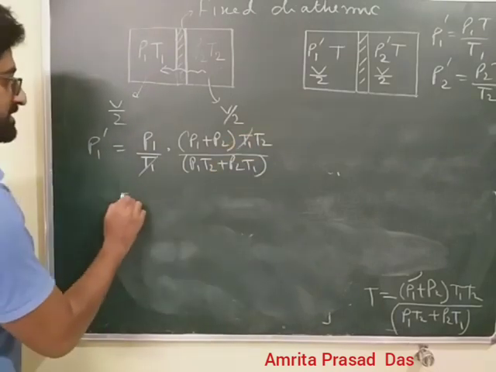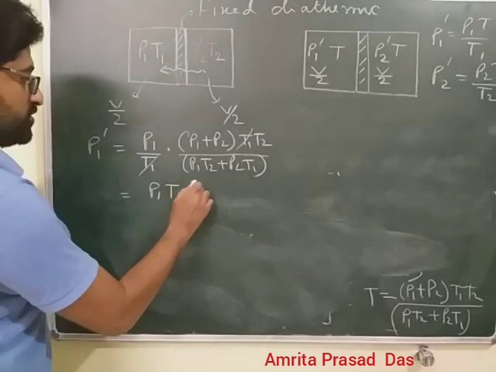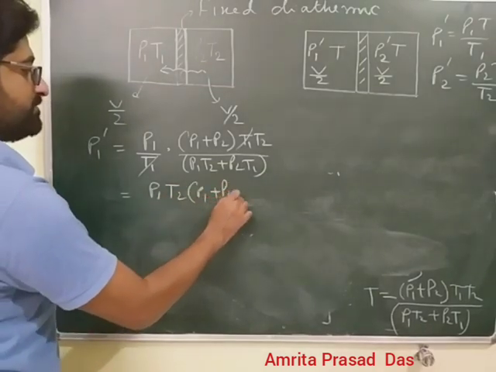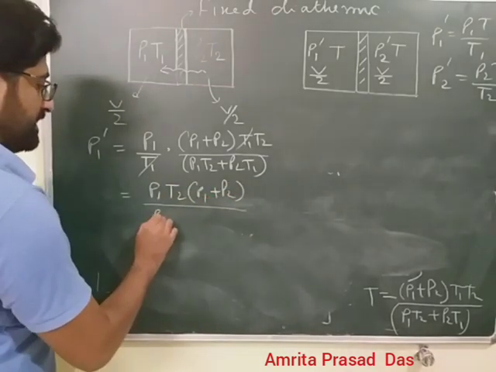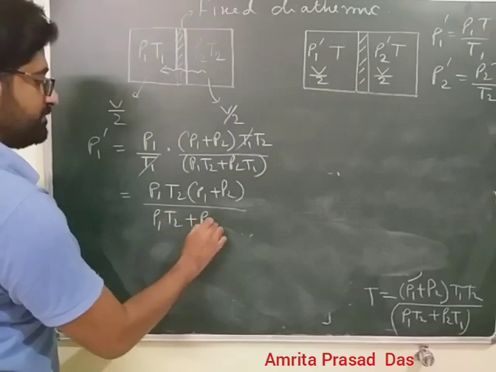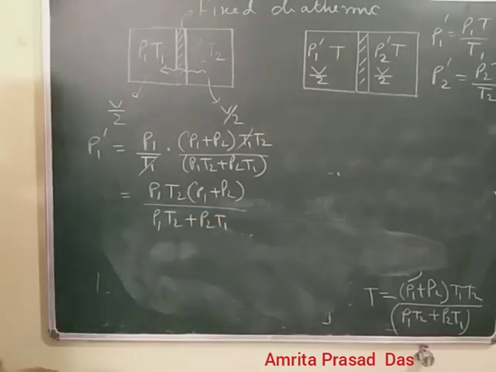T1 T1 cancels, therefore T1 T2, P1 plus P2 divided by P1 T2 plus P2 T1. This is the final pressure of the left chamber.